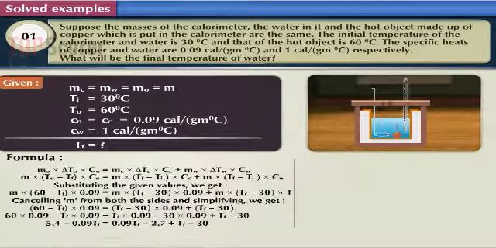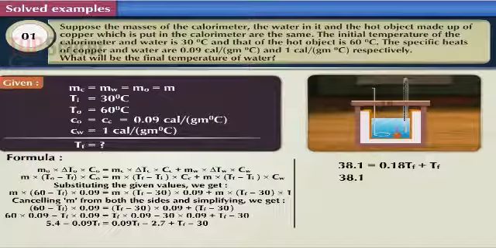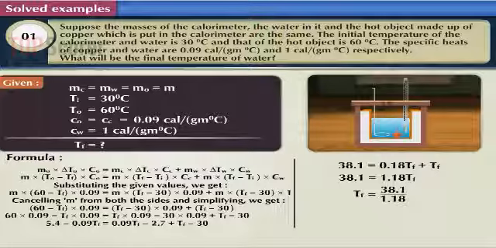Therefore, 38.1 is equal to 0.18 Tf plus Tf. Therefore, 38.1 is equal to 1.18 Tf. Therefore, Tf is equal to 38.1 upon 1.18.